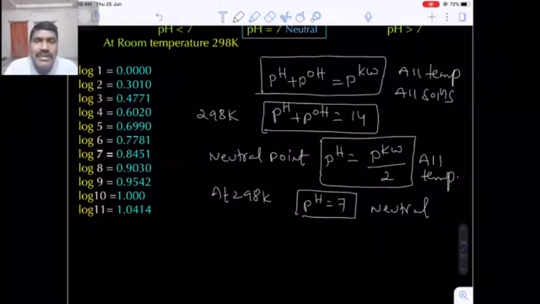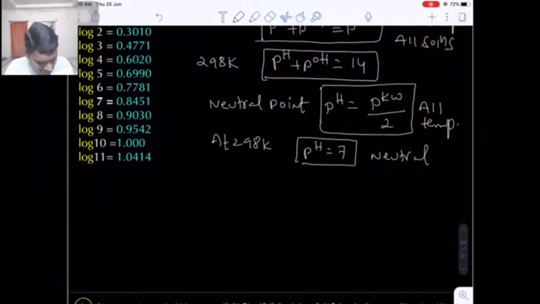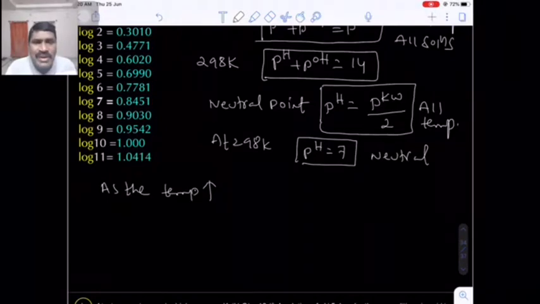But when temperature changes, the pH of the solution changes. This is very important. What is the important point? As the temperature increases, do you know, the ionic product of water increases? Yes.